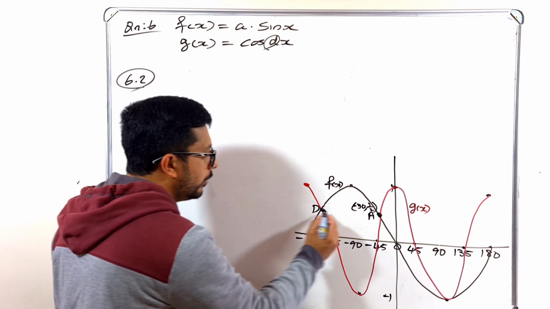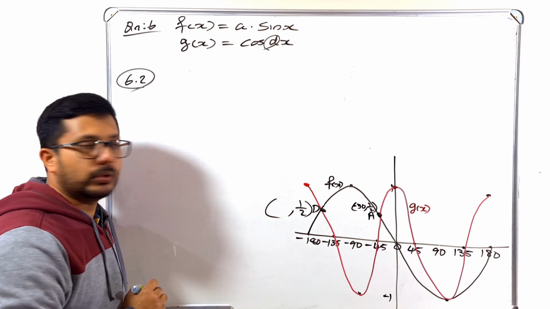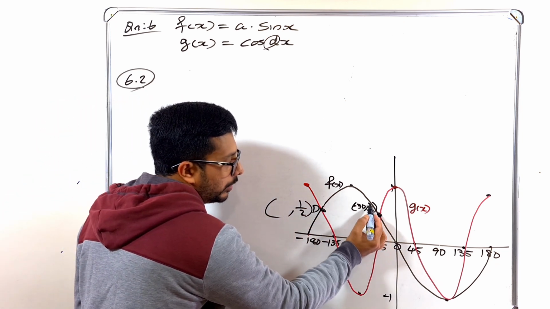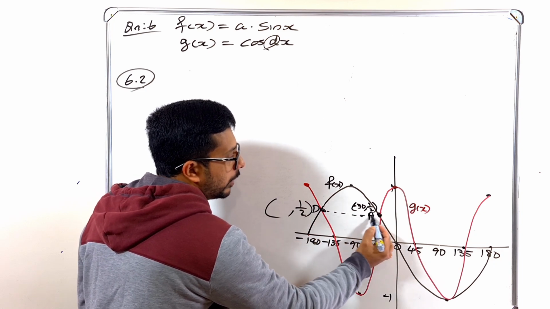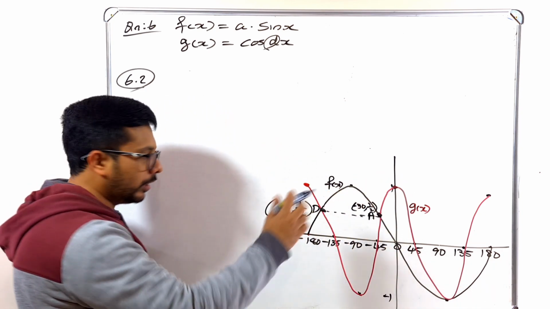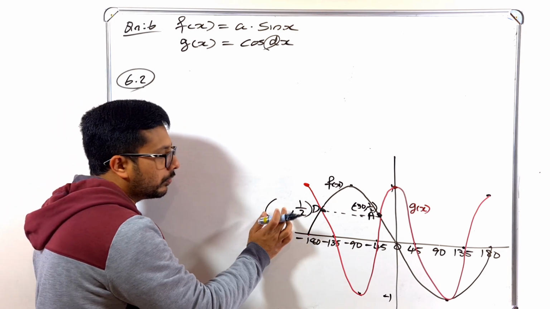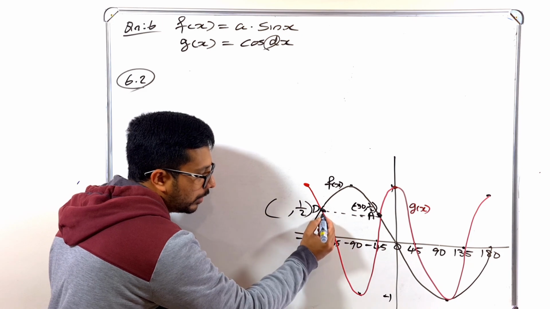Half. You understand? At this intersecting point, the y value is half. Now you just want to find the x value here.